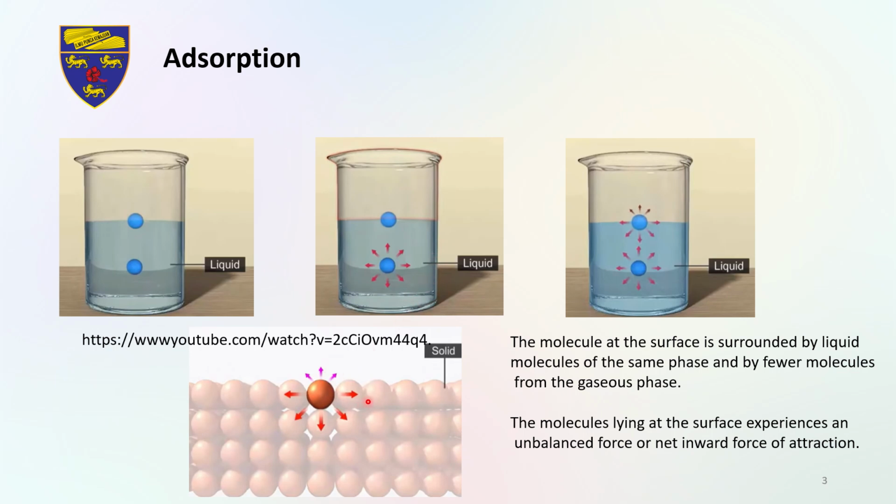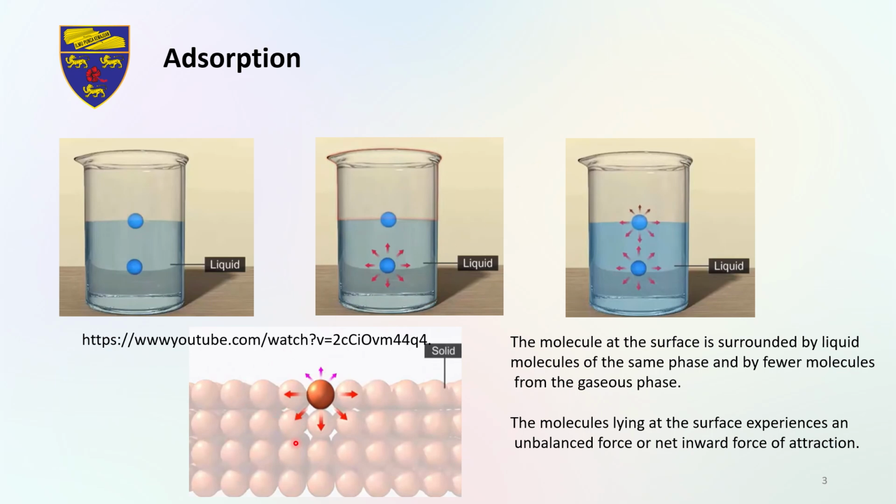Why does the process of adsorption happen? Molecules at the surface of a liquid or solid are in a different environment than those in the bulk. A molecule at the surface is surrounded by its own phase on one side and by fewer molecules from the gaseous phase on the other side.